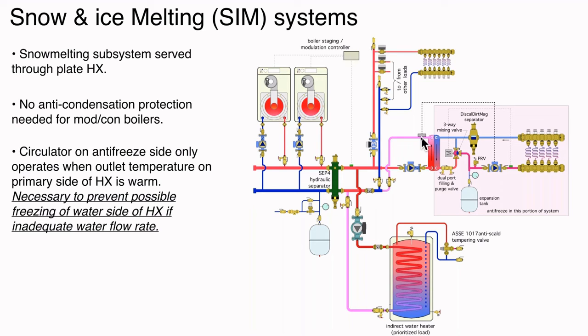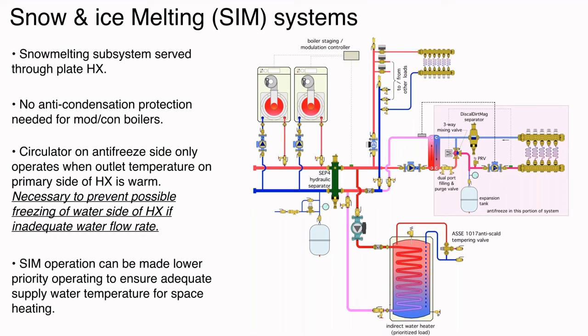If for some reason we drop back to the point where we think freezing could be a potential condition, we're going to interrupt flow or interrupt power to the antifreeze. So it's a small detail, but it's an important detail. And certainly that could apply in a snow melting situation. Anytime we have a high mass load that potentially could be at a very low temperature when it starts up.